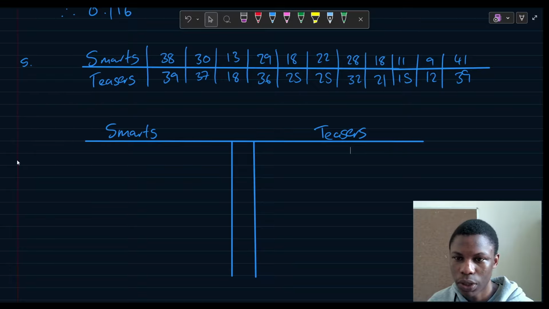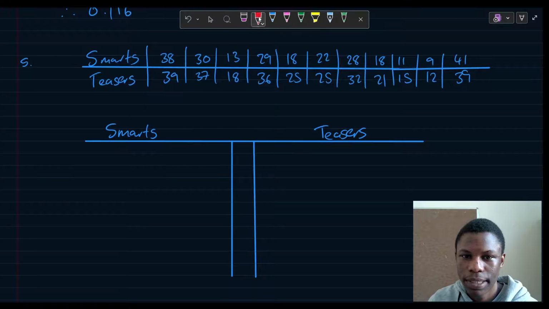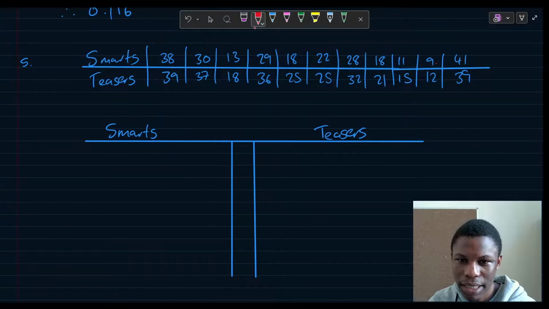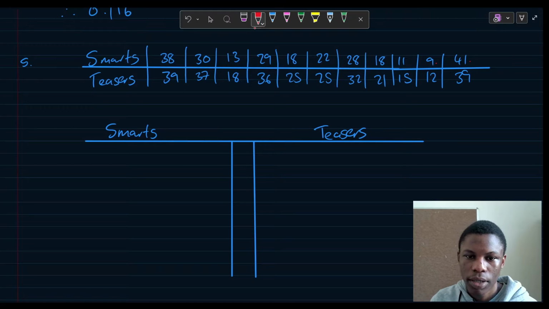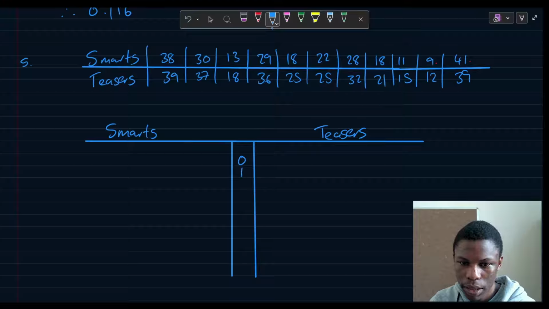Then let's figure out what to do with our stem. The smallest number I can see is a 9, and the largest looks like 41. So I'm going to do 0, 1, giving it a bit of breathing room, then 2, 3, and 4.